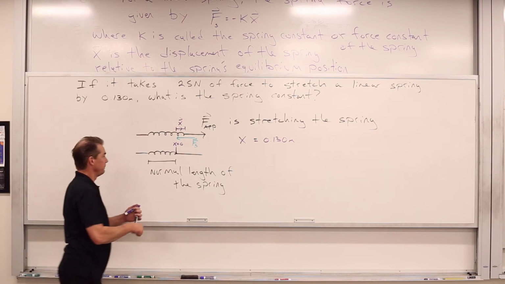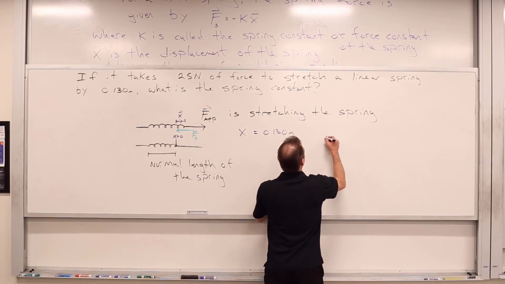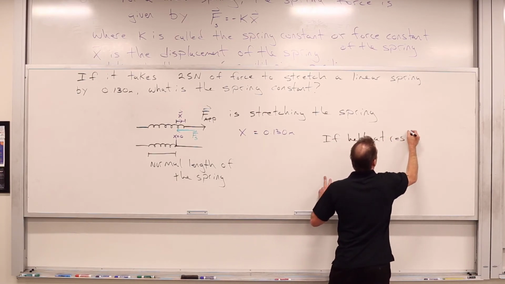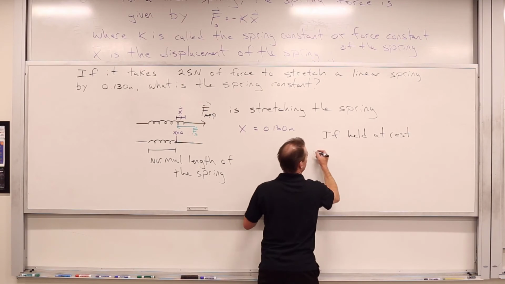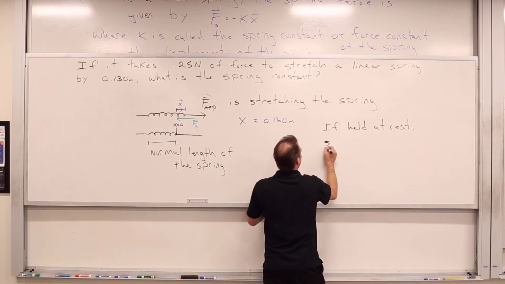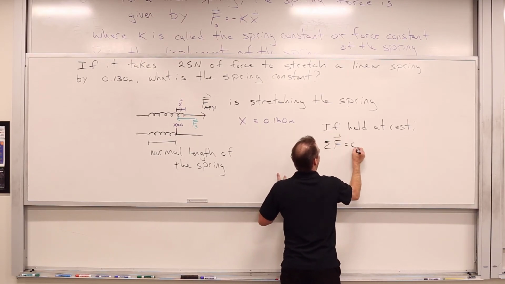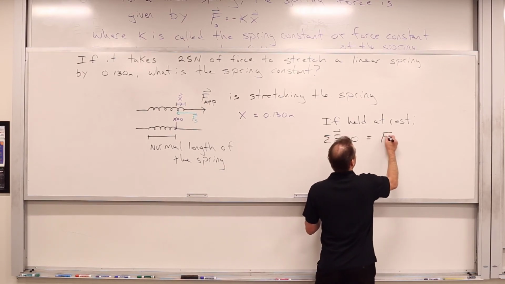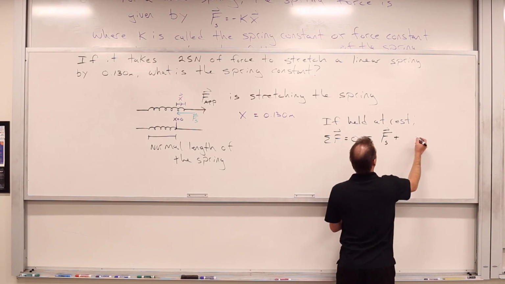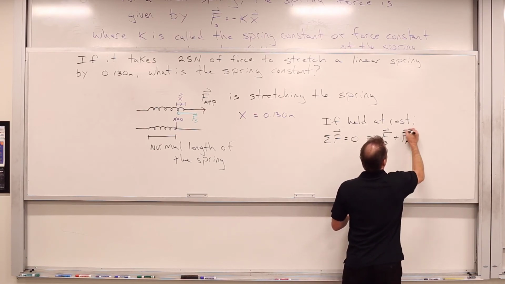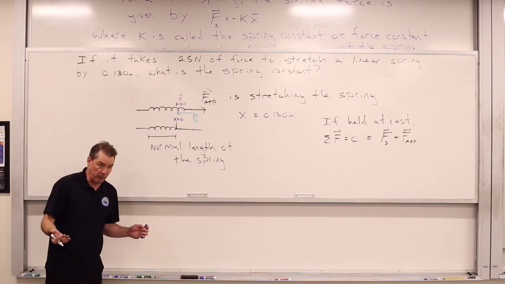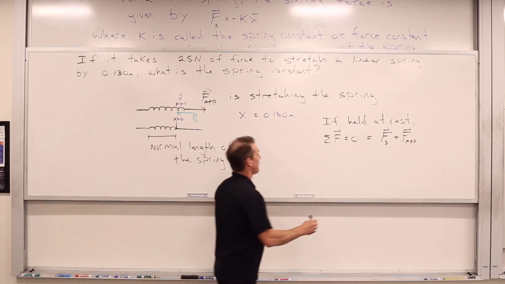So with this, if held at rest, the net force acting has to be equal to 0, and the net force acting will be the spring force plus the applied force, which merely just says the spring force and the applied force are equal in magnitudes, opposite directions.